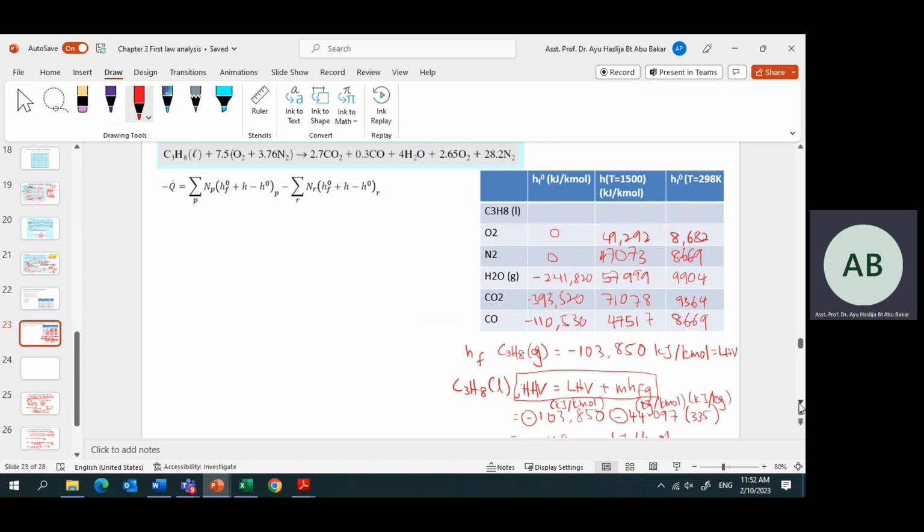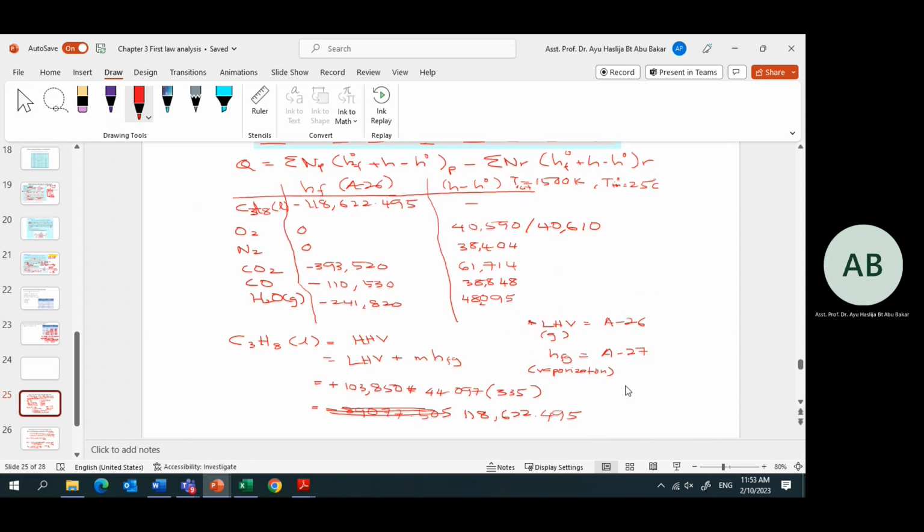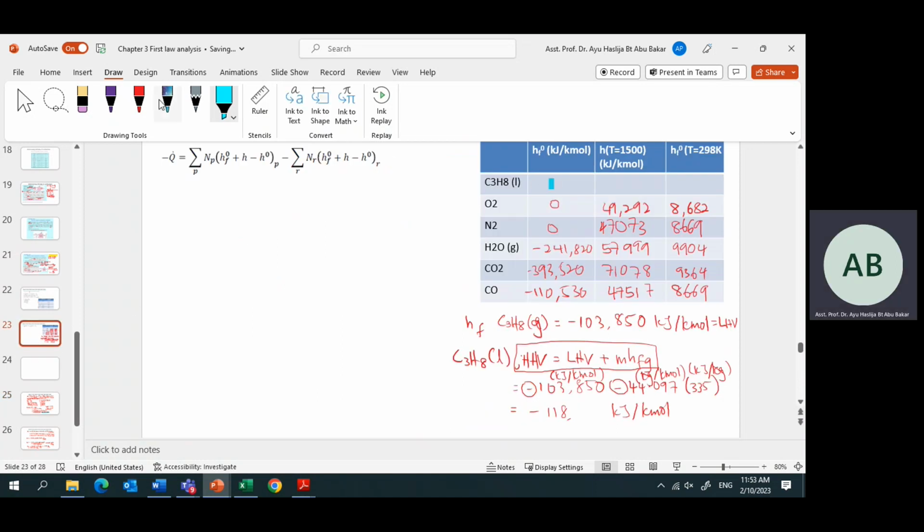Let me confirm on the sign, but the final figure should be 118. This one is from the previous lecture, around this figure. Okay, 118622. So putting the info inside the table.